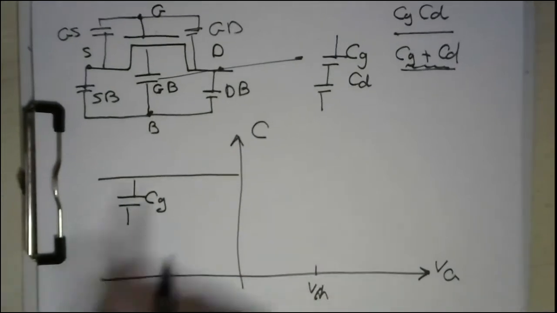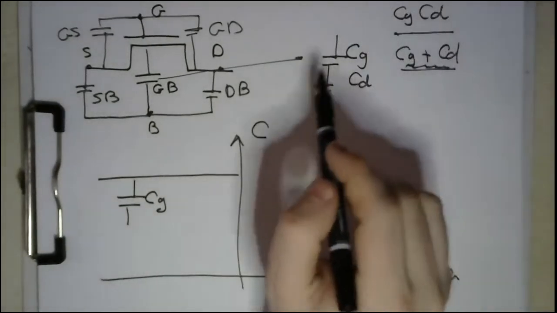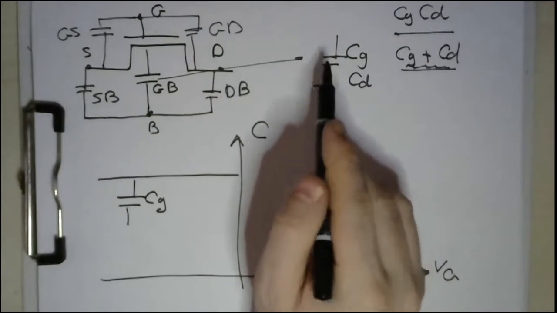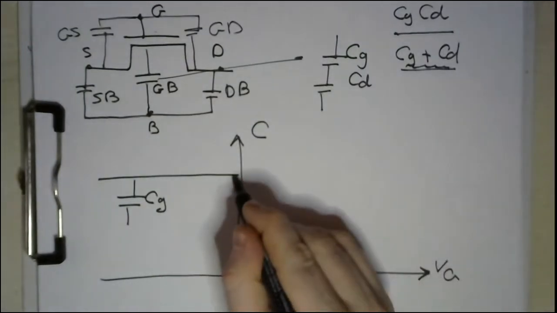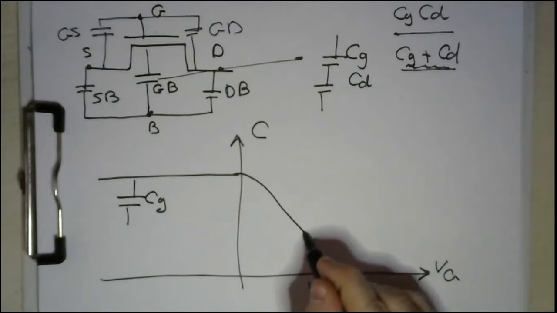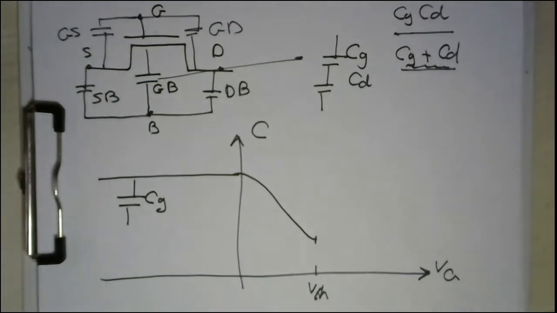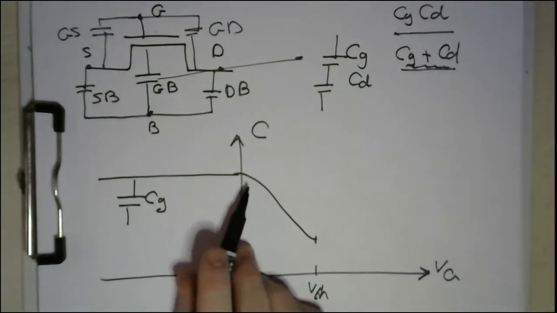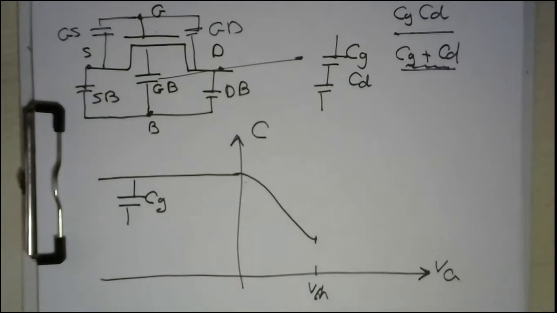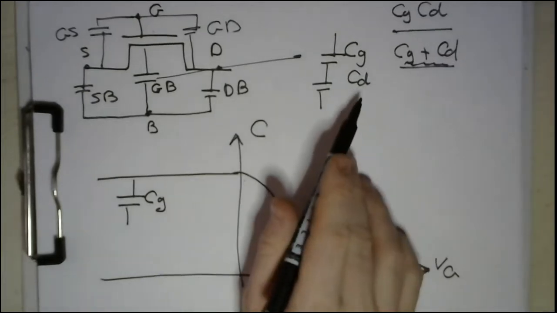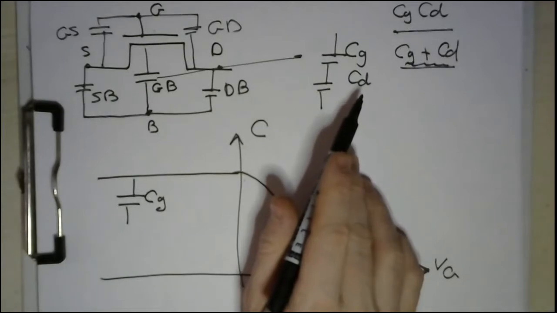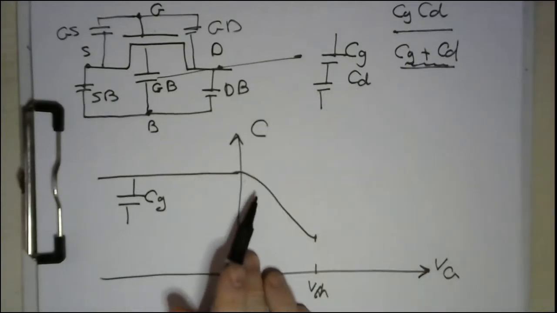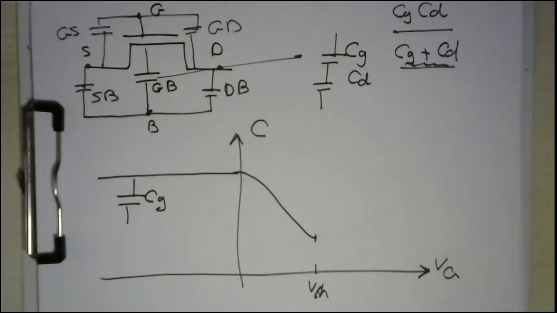So that's why the resultant of this capacitance is smaller than the smallest one. Accordingly, you find this. Here, as far as you increase the positive voltage in the depletion region, this CD starts to increase, and accordingly, the overall capacitance starts to decrease.